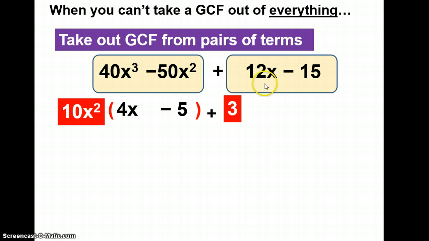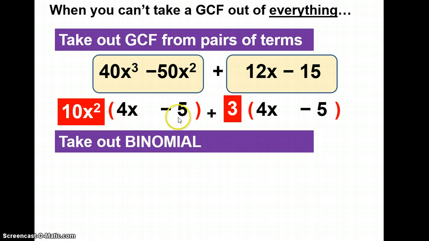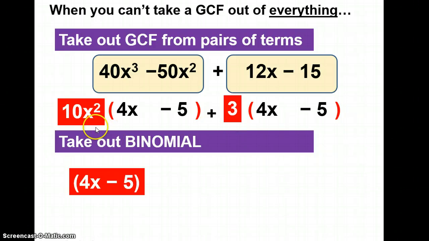So 3 divided by 12 is 4x. All right. And 3 divided by 15 is negative 5. All right, so again, I'm going to factor out the binomial that they share now, 4x minus 5. Factor that out. All right. And what's left over? 10x squared plus 3.